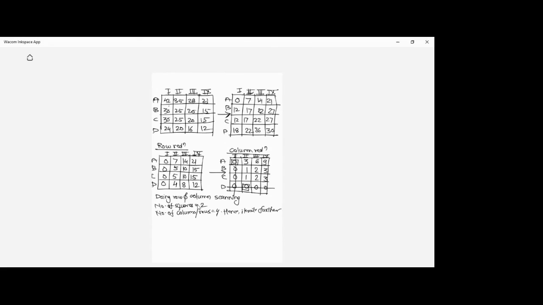The minimum value that we have is 1. Reconstruct and scan, right?